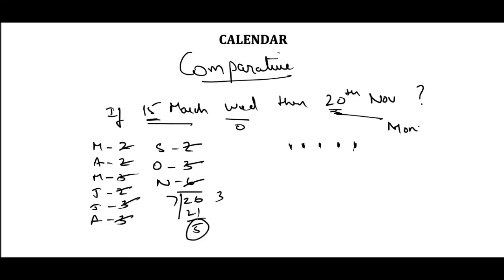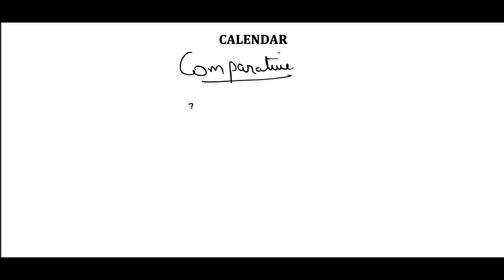We'll take one more example with a year, so things will get clearer. If 30th September 1995 was Friday, then 1st of Jan 2001 is which day? We'll keep Friday as 0.